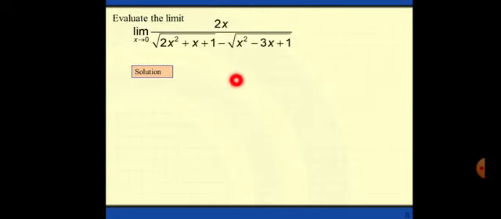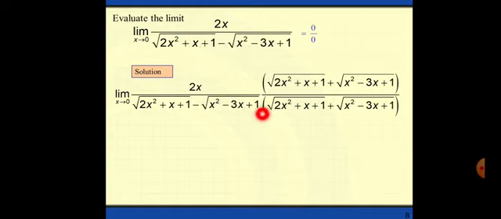Another example here, find this limit. If you use direct substitution, you will get 0 over 0. So we have to multiply by the conjugate because we have root minus root. The conjugate is the same expression, but you change the middle sign. Here we have minus, so you write plus.